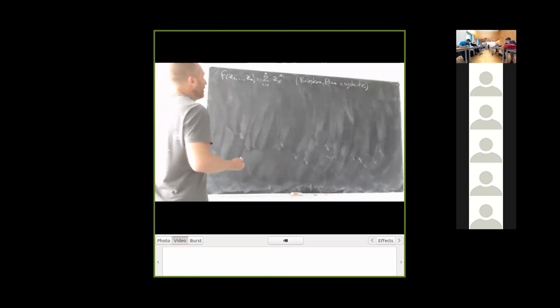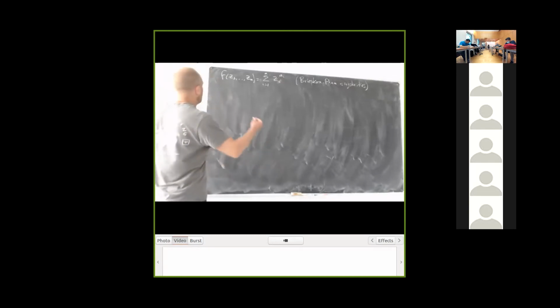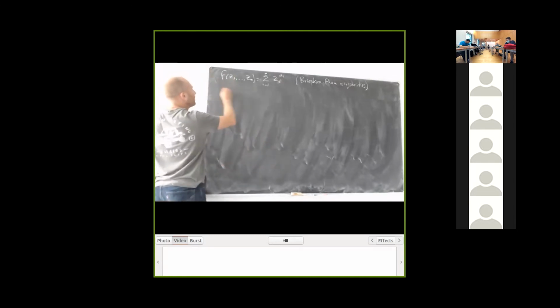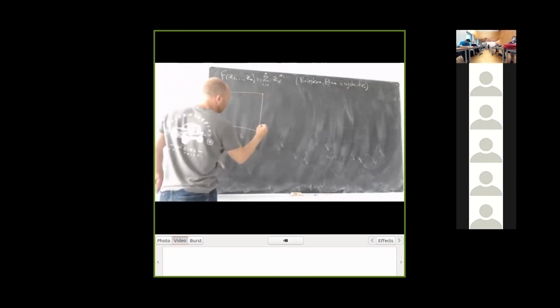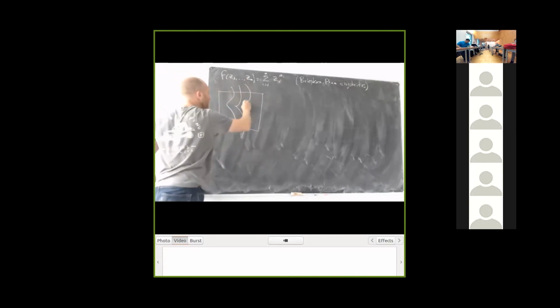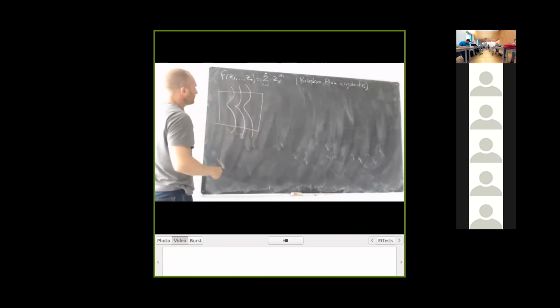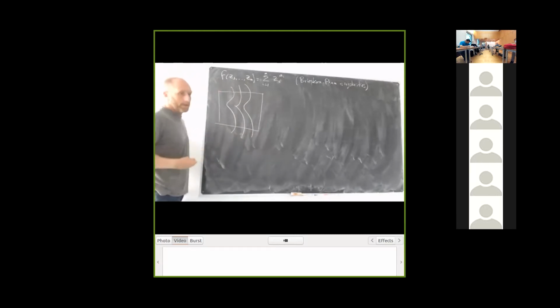Okay, so you take a polydisk. You have your singularity, and you take the Milnor fibration in a polydisk. And now we want to associate to this a bounded family of subanalytic subsets.